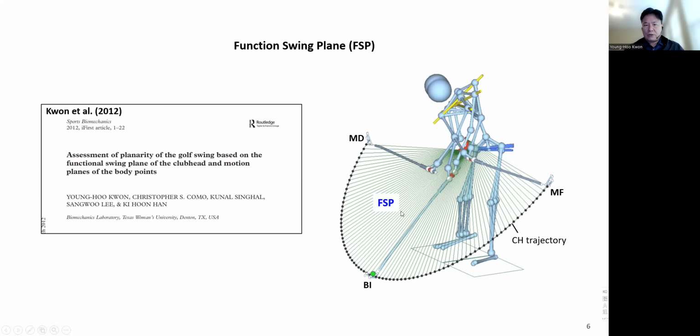That is called the functional swing plane. In other words, the functional swing plane is the best fit plane calculated from the club head trajectory between mid downswing and mid follow through. So this plane was actually calculated, and it reflects the motion of the club head, so it's meaningful. And so the functional swing plane really reflects the swing characteristic of the golfer.